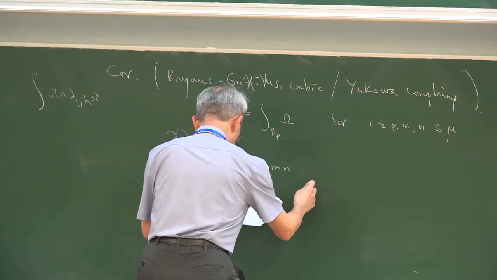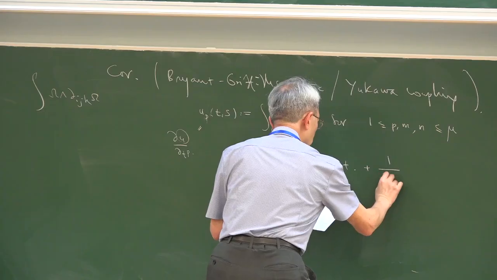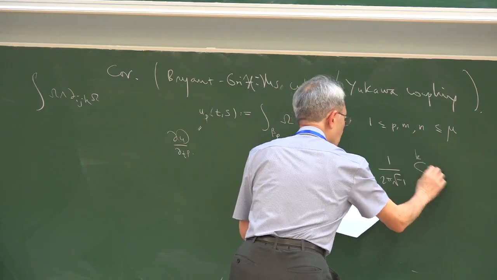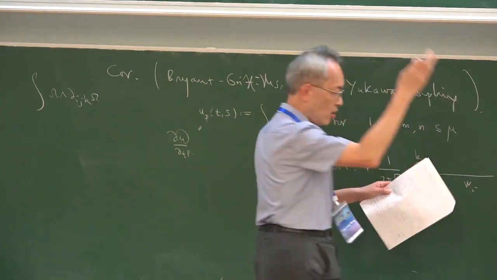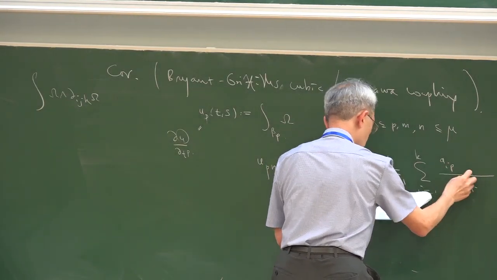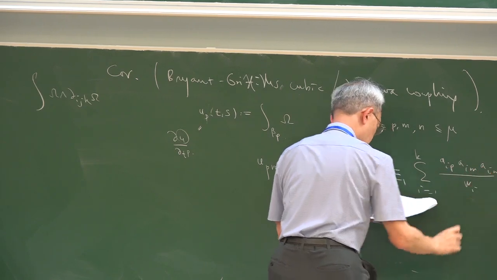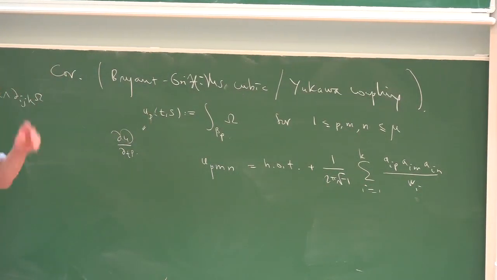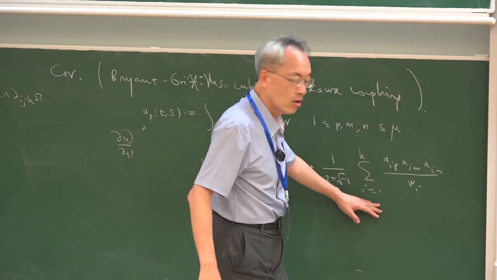And that's given by higher order term plus 1 over 2 pi times a sum. And you get some pole along the discriminant locus. Along all the discriminant locus, you have a pole. And the coefficient is AIP, then AIN, and AIN. That's the result. So that means your Yukawa coupling has a logarithmic growth along all of these discriminant loci.